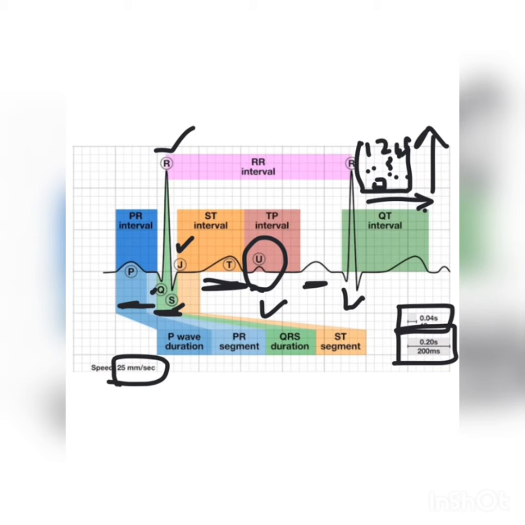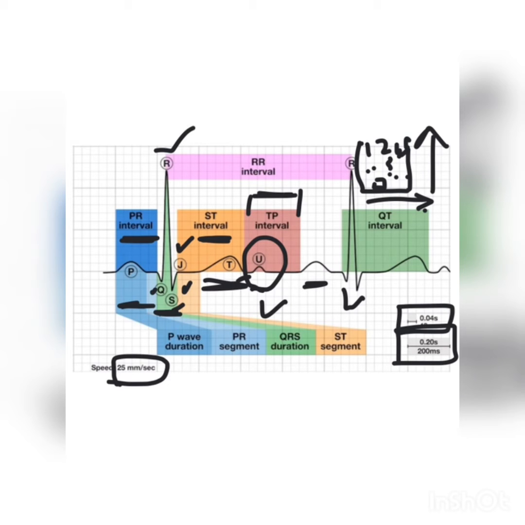Now the intervals. The duration from the start of the P wave to the start of the QRS complex is called the PR interval. Then the ST interval actually starts from the J point and goes to the ending of the T wave. Then from the ending of the T wave to the start of the P wave, this is the TP interval.